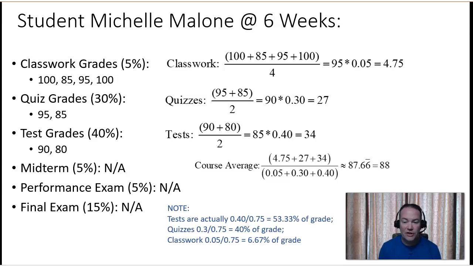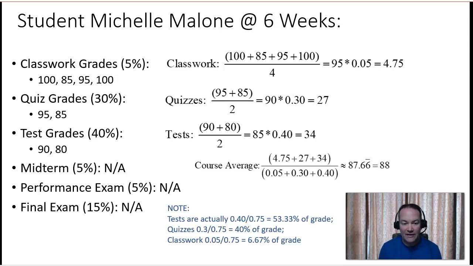But also you need to realize that the categories that you have actually count more than what is listed in the syllabus. These actual percent weights that you see over to the left, technically they will not be valid until you have a grade in every category.